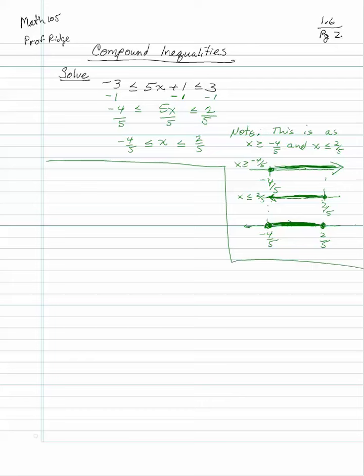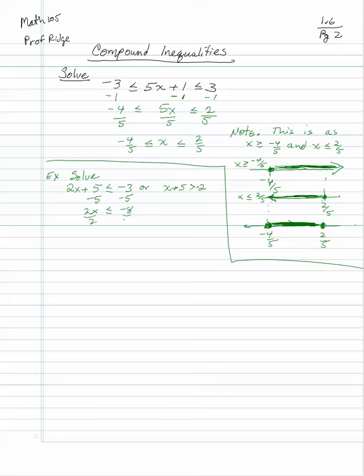Alright, let's try another example. With an or statement, you just work them out separately and draw them both. So let me try one of those. I'm going to solve both inequalities separately. I'm going to get the x by itself, so 2x is less than or equal to negative 8.